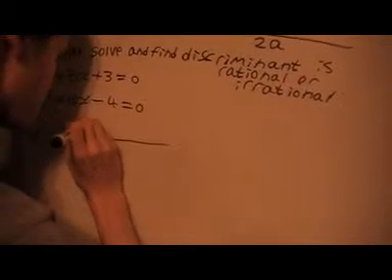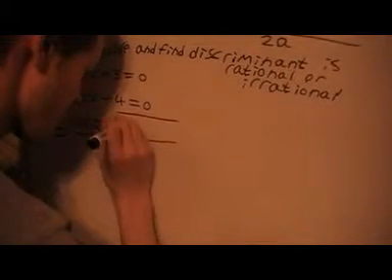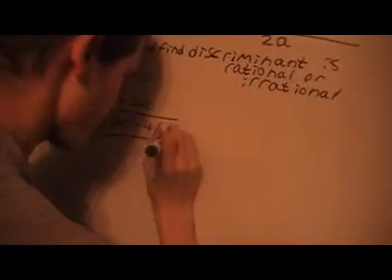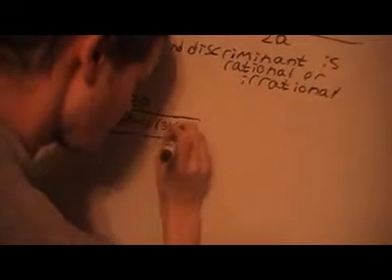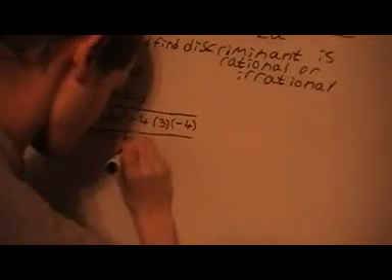Again, I'm going to put my numbers in. I've got minus 10 plus or minus the square root of 10 squared minus 4 times 3 times minus 4, over 2 times 3.